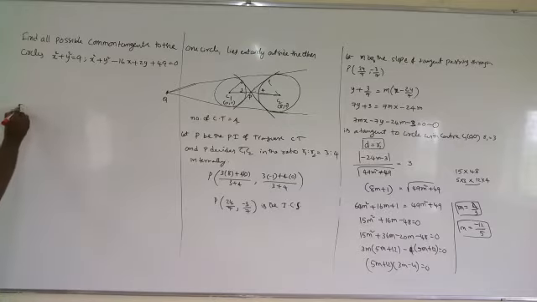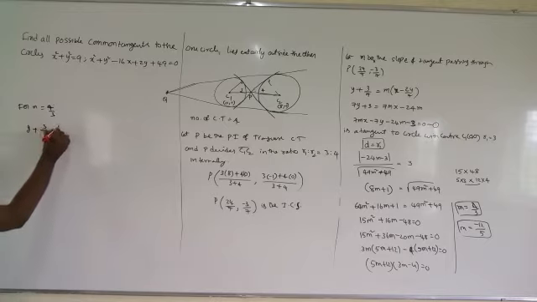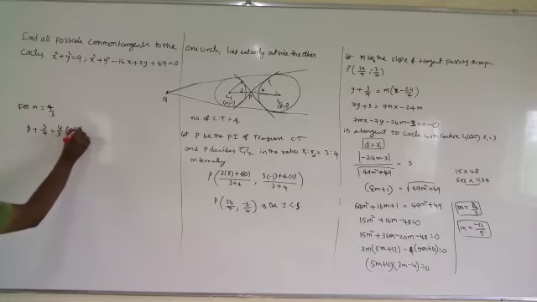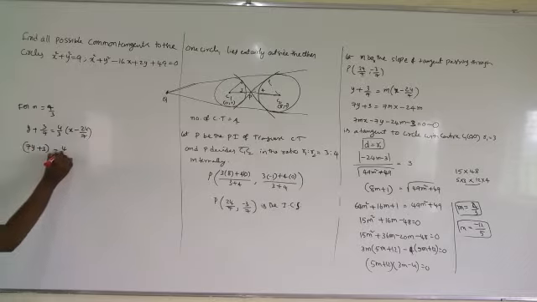Now for m is equal to 4/3, y plus 3/7 is equal to 4/3 into (x minus 24/7). So 7y plus 3 is equal to 4/3 into (7x minus 24).